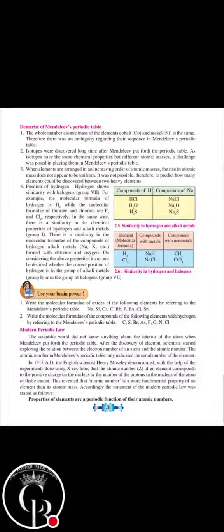Groups 1 and 2 together with hydrogen form the s block elements. Groups 13 to 18 form the p block elements. Groups 3 to 12 together form the d block elements. The two series at the bottom of the periodic table form the f block elements.